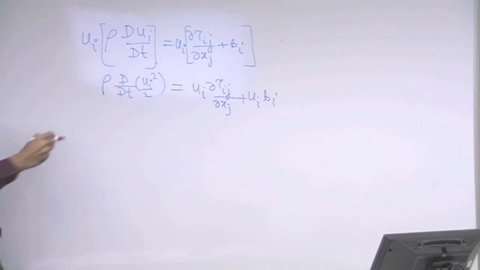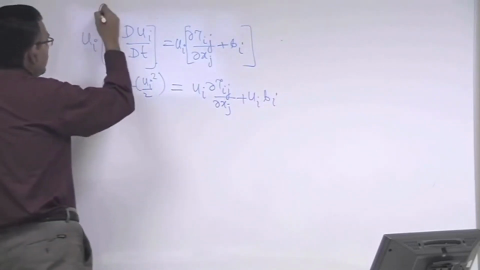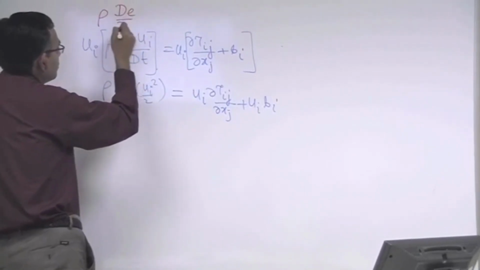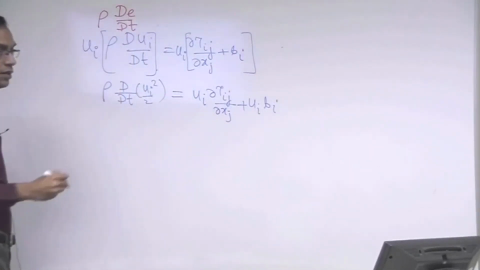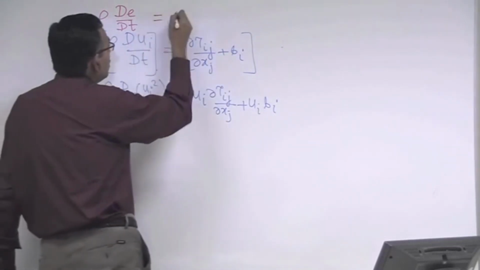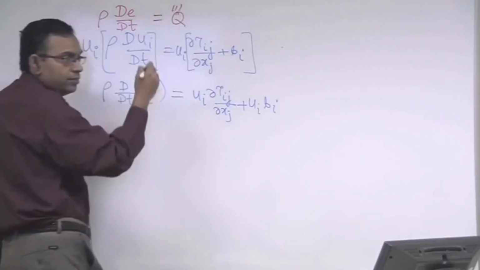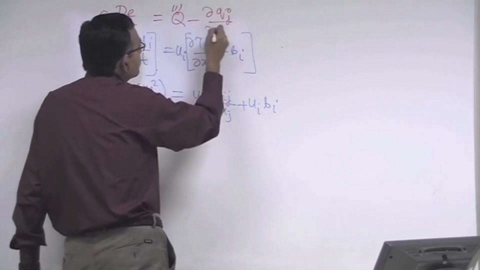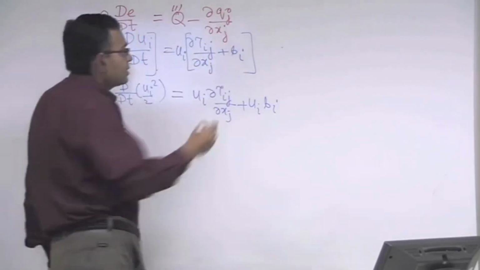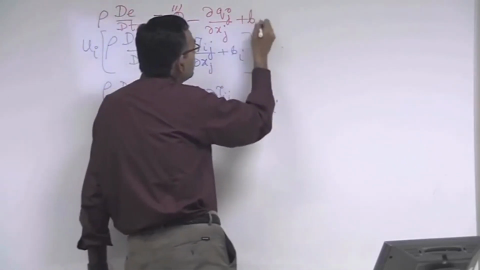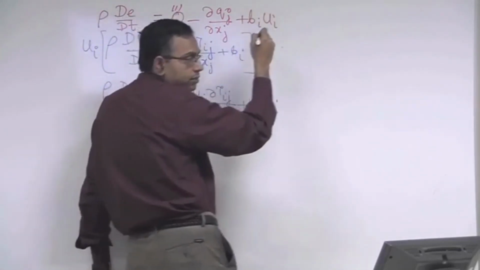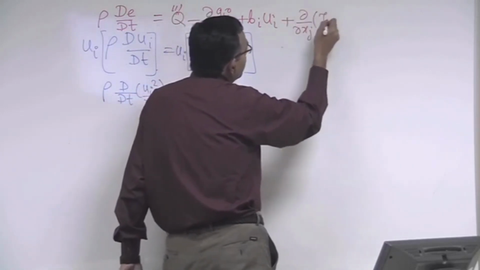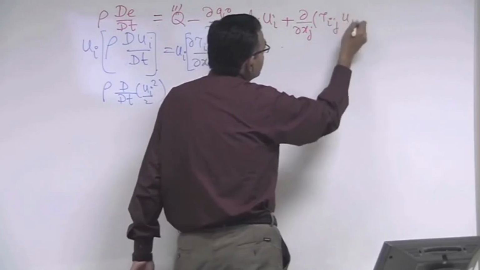What was our total energy equation? Let us write at the top: rho dE/dt is equal to q triple prime minus del qj/del xj plus bi ui plus del/del xj of tau ij ui.